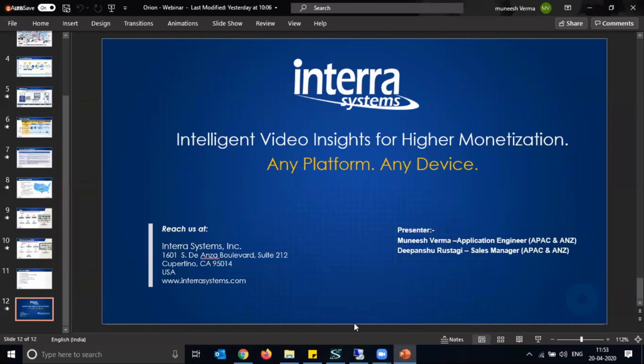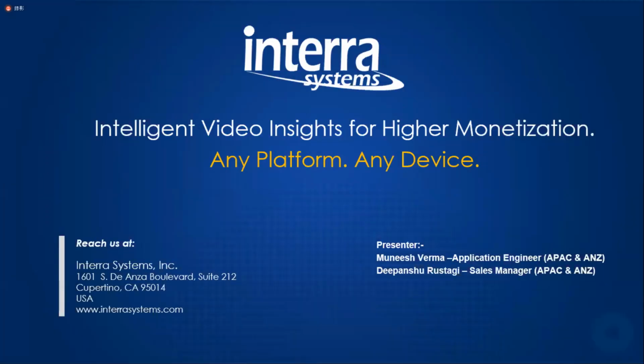So I think first we can take up, because there are a couple of questions related to how the licensing works, and also on the pricing. For that, I would like to mention that in essence, the licensing is based on bandwidth.